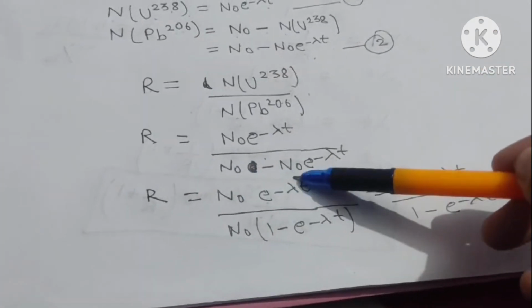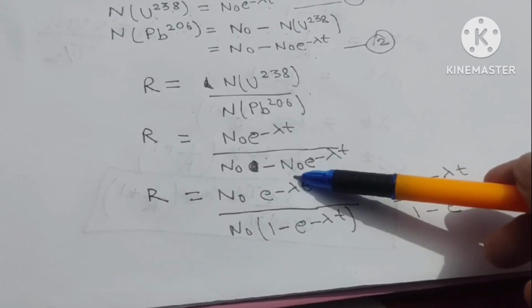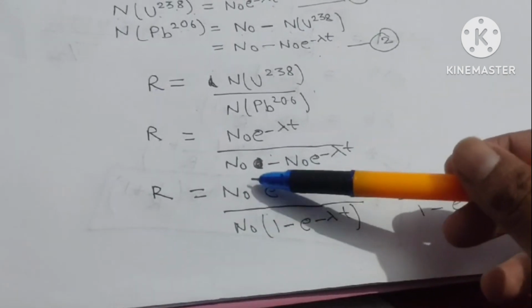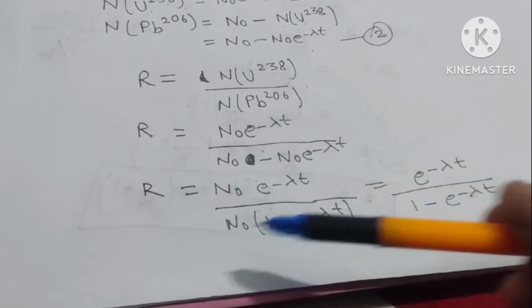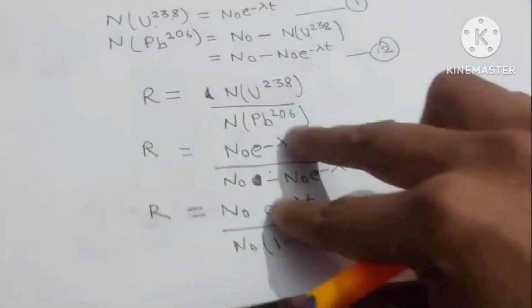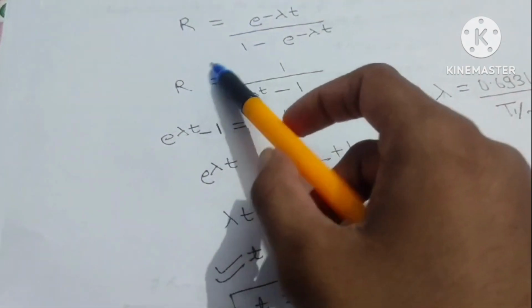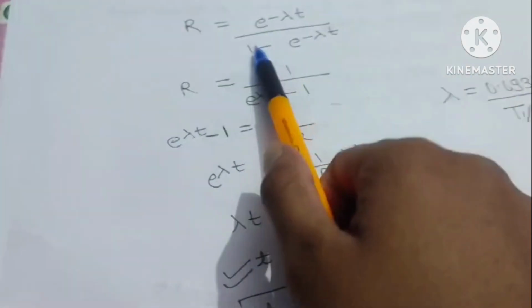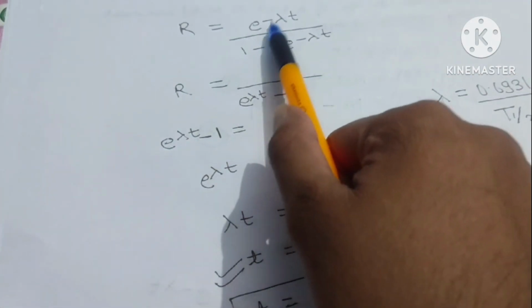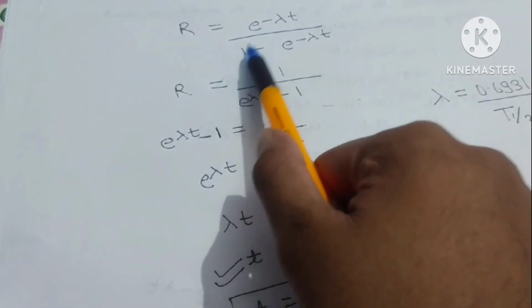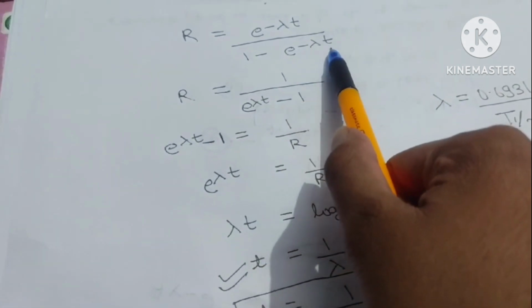N naught will be considered common and this will be cancelled, and we're left with this equation. Now turning the page, from the previous page, R equals e to the power minus lambda t by 1 minus e to the power minus lambda t.